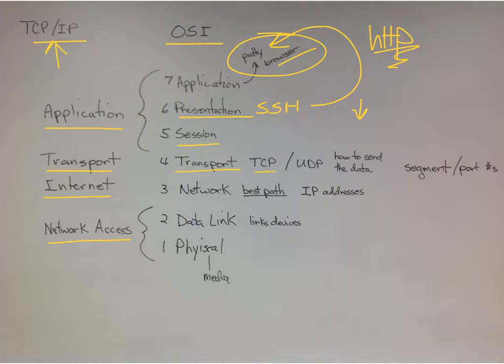Transport layer, TCP, UDP. TCP checks to make sure it all gets there. UDP would be more like for streaming, it just sends it. How to send the data is a generic way of talking about this, and we break it into segments and give them port numbers. The network layer is where we look for the best path through a network so it gets routed, and this is where we look at IP addresses.